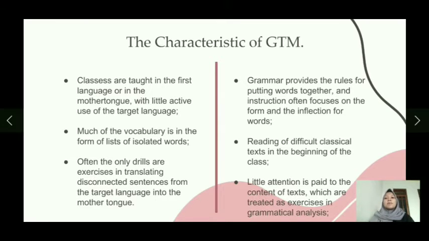Number 4, grammar provides the rules for putting words together, and instruction often focuses on the form and inflection of words. Number 5, reading of difficult classical texts begins early in the course. And the last, little attention is paid to the content of texts, which are treated as exercises in grammatical analysis.